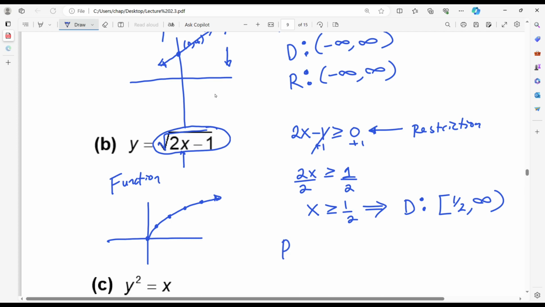The range is all of the y values that are greater than or equal to 0. And this implies that our range is from 0 to infinity. Again, the square root, the smallest it could be is 0, and it can be as big as we want. So the range is from 0 to infinity.